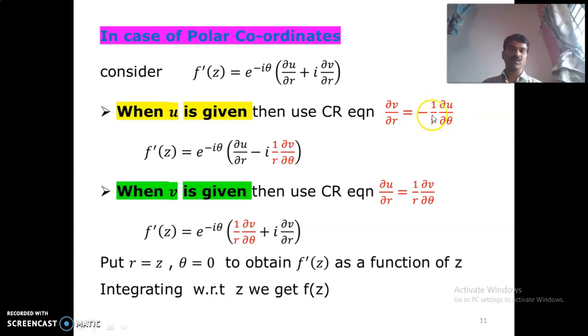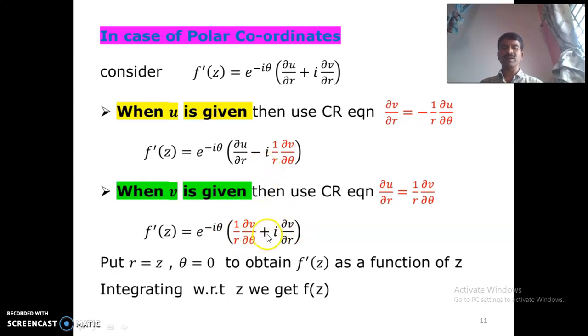So v_r equals minus 1 over r u_theta, and ultimately you can write this derivative in terms of only u, with u_theta, that is ∂u/∂θ. And suppose v is given, again make use of ∂u/∂r in terms of ∂u/∂θ into 1 by r, so that ultimately this derivative is also in terms of v.